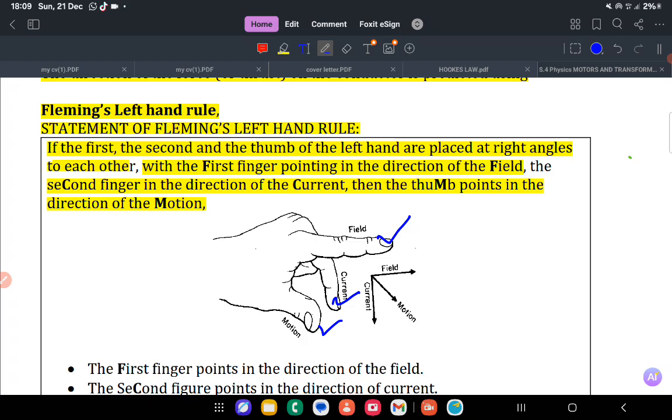So if you look at the word first, F stands for field, depicting the direction of the field, the magnetic field. If you look at this word second, making the letter C capital, then the second finger C is going to represent the direction of the electric current.